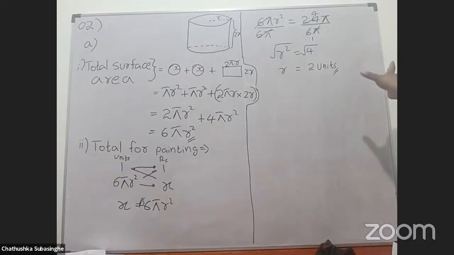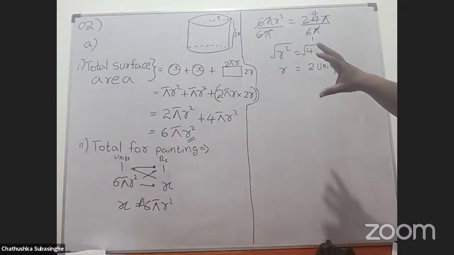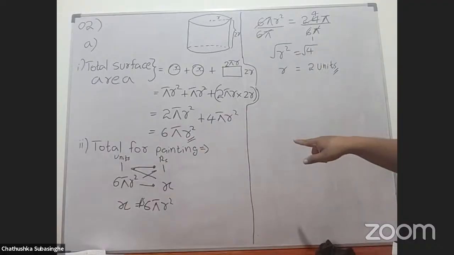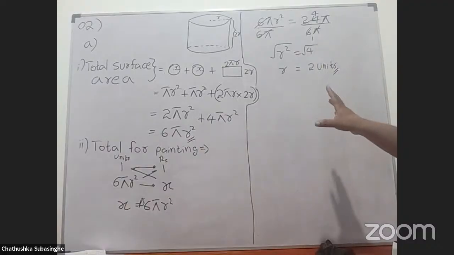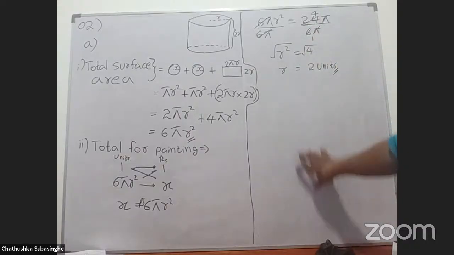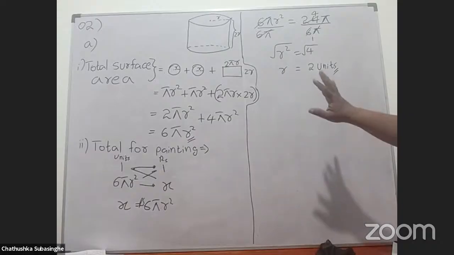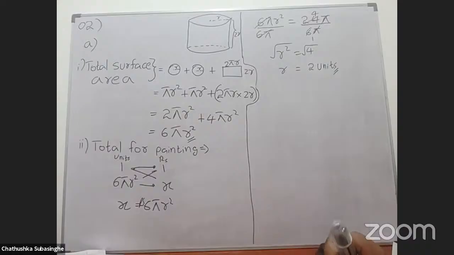You can clearly see there is a very big difference between the first question and the second. The first question is from the areas that we have learned, using the whole equation that I gave on this side. This is surface area of solids. The previous question is from 2D objects, and this is from 3D objects.